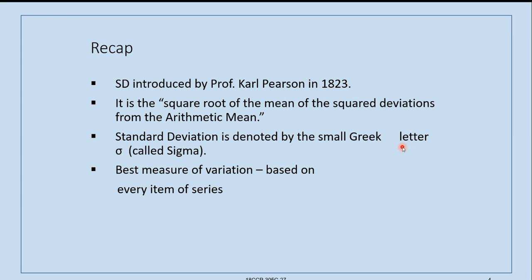So if you remember the merits of arithmetic mean or arithmetic average, this is one of the main merit of arithmetic mean. That is taking all the values in the series for calculating the arithmetic mean.